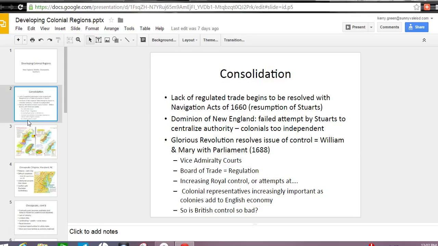The Board of Trade regulates goods and products, and what raw materials come out of the colonies, what finished products go in. You do have an increasing royal control, but the royal control relies heavily on colonial representatives, because the colonies are so independent and so crucial to the strength of the English economy that what you see is, okay, fine, as long as you're willing to work with us.